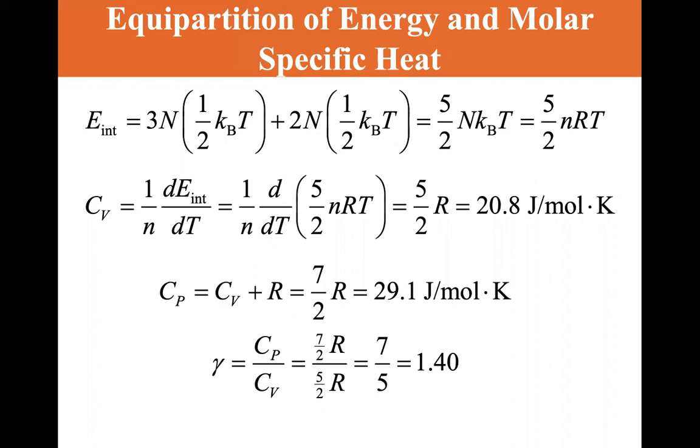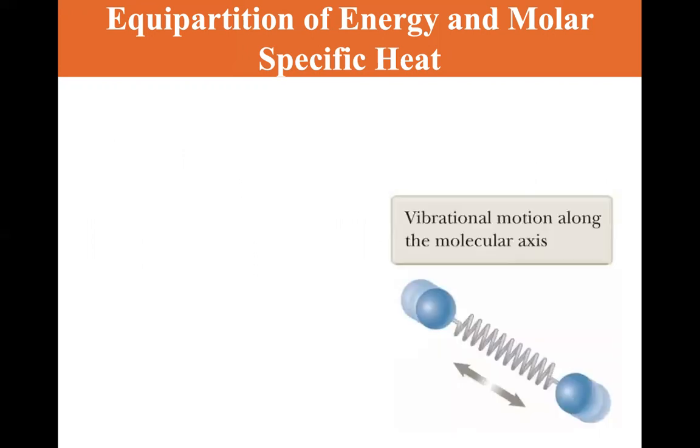And gamma, which is CP over CV, is 7/2 R over 5/2 R, which is equal to 7/5, which is 1.40. And these are very close to the values in the table; we'll show that table again. Those are very close in values.